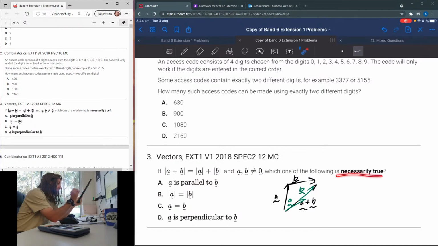If it's necessarily true, that means this implies this. Oh, I see what you're saying. So this is basically saying the vectors have this property. Does that mean that this is true? Because the necessarily true this implies that. So that has to hold, and therefore this. Is that kind of where you're going? Because that kind of makes sense. I was looking at it the other way.